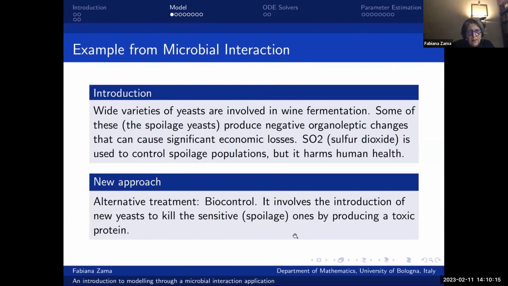So basically, we have two populations of viable sensitive and viable killer populations. Then the model is the description of the interaction of these two populations and all other type of substances that are connected with this process.